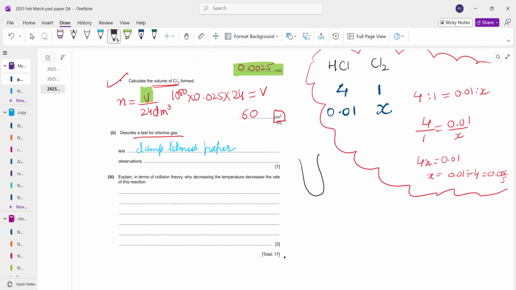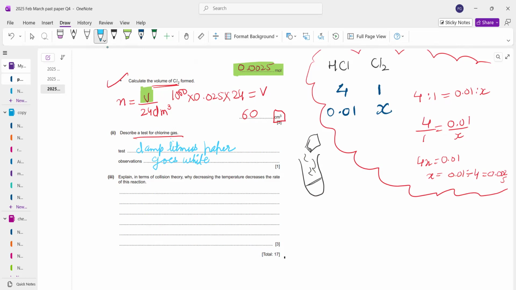So this is the test tube which is releasing chlorine fumes. You're going to bring a damp litmus paper close to it. Whatever color you take, blue or red litmus paper, the observation will be the paper will go white, which means that it has been bleached. The color is bleached, it's gone away. That's the test for chlorine gas.